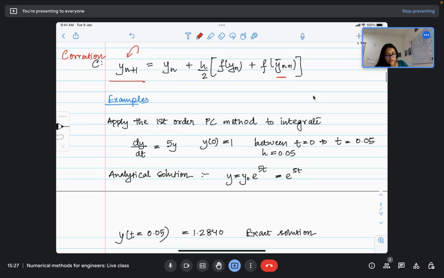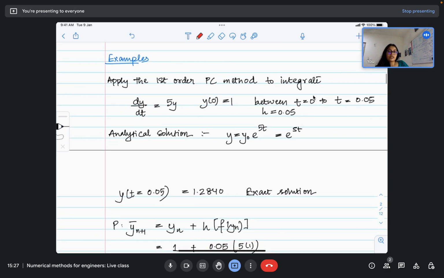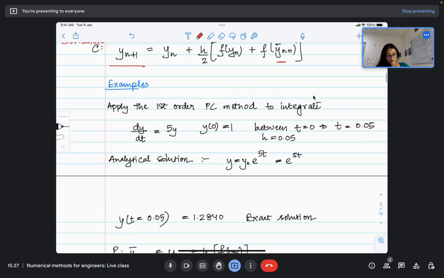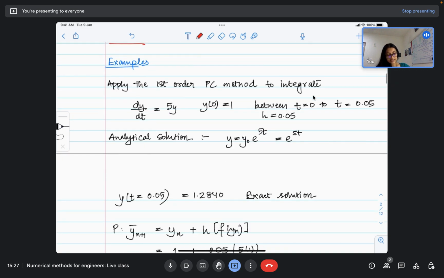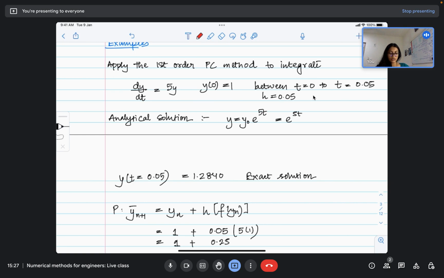Okay. So these are the two formulas. So first we predict with the help of Euler's explicit technique, and then we correct it by using the implicit trapezoidal method.